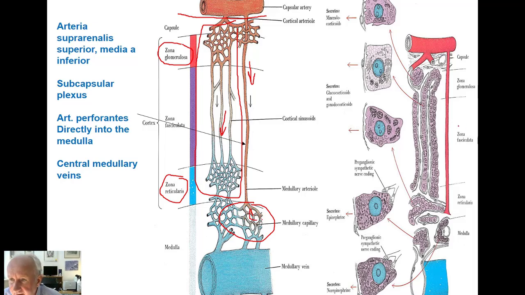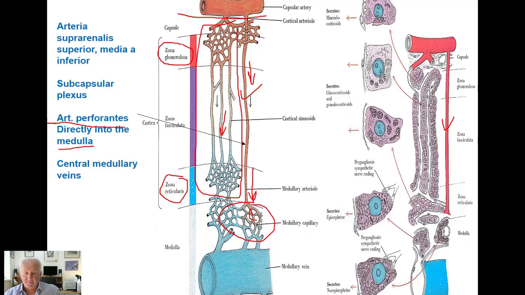Those small arterioles are called arteriae perforantes, and they are not dividing into a capillary net in the cortex, they are dividing into a capillary net in the medulla. So the blood supply for the cells in the medulla is much quicker by the system of arteriae perforantes, which run through the whole cortex directly to the medulla.